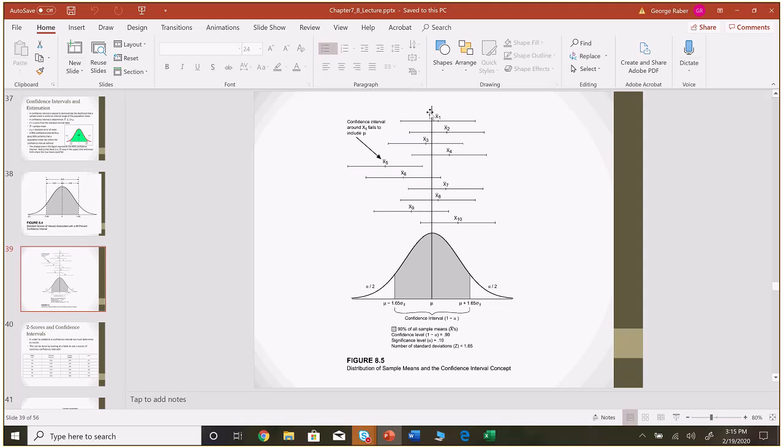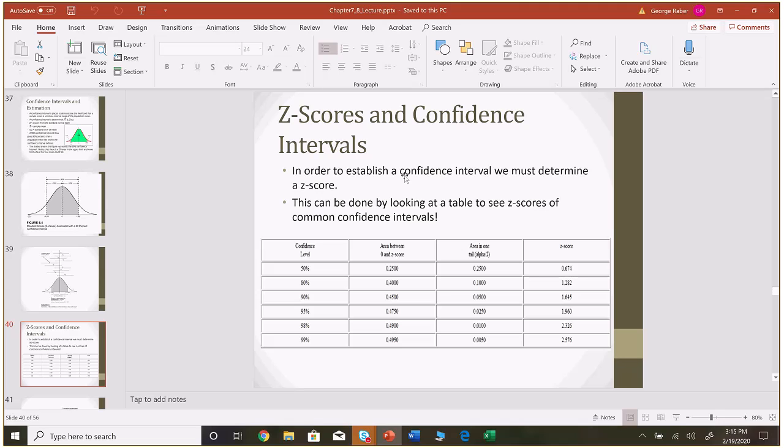But notice that 1 time out of 10 it didn't include the true value. So it's a way to show you how 1 time out of 10 it's not going to hit the real population value. You're going to make a mistake 1 time out of 10. The probability of making an error is 0.1, 10% of the time, 1 out of 10 times.